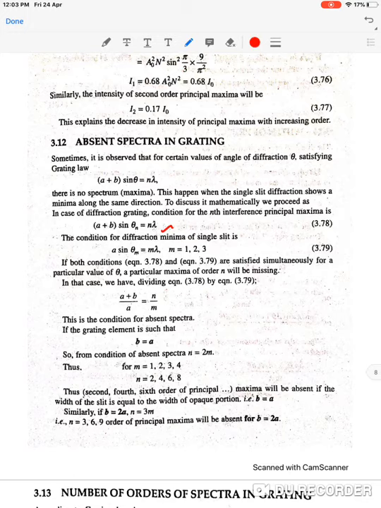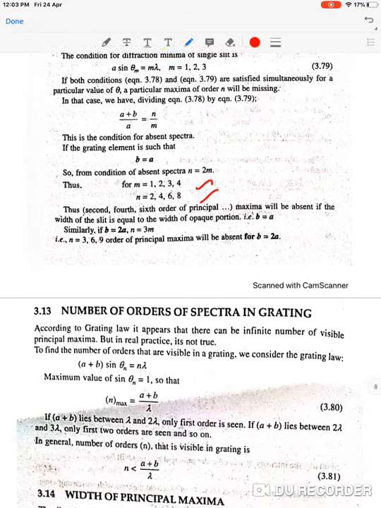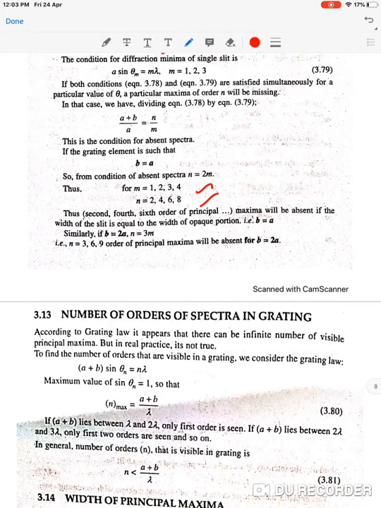For diffraction minima, this is the condition, and equating these, for this theta angle we get the absent spectra. So the condition comes out as (a plus b) by a equal to something like this, and at these values we will have absent spectra for these a and b values.